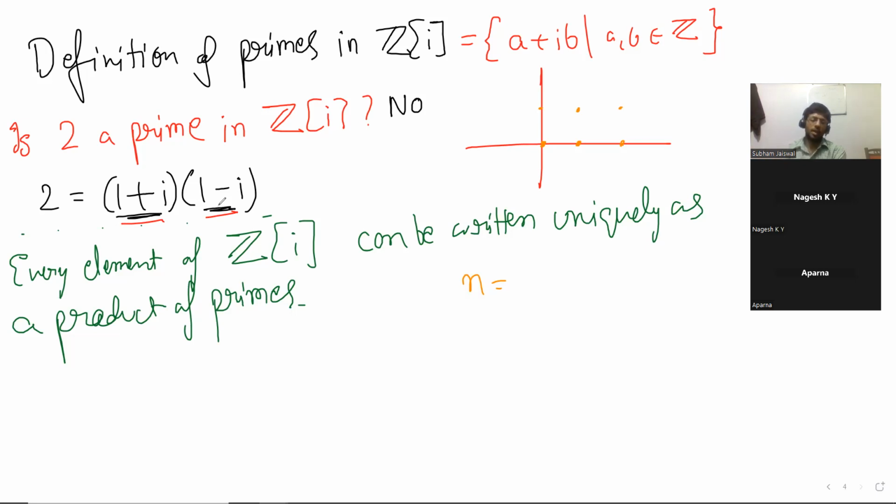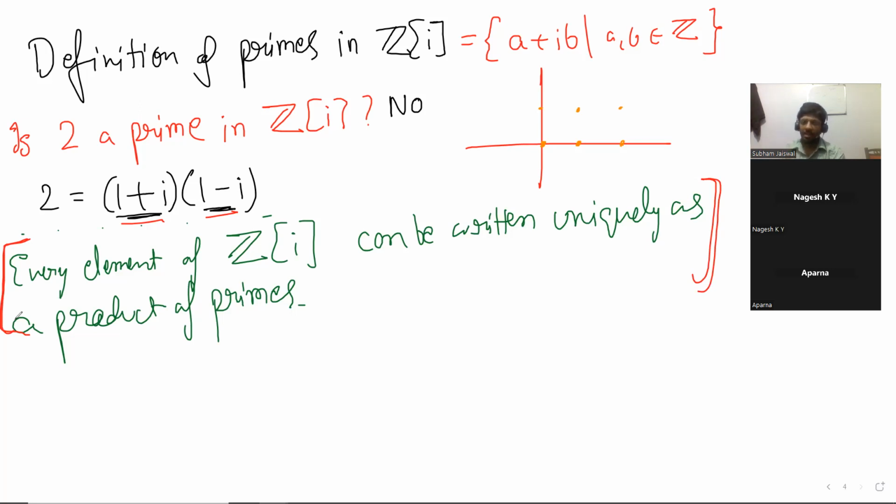Okay, that is fine. Now we know what a prime means, and so now I'm making this statement. This statement is completely analogous to what we say for integers.